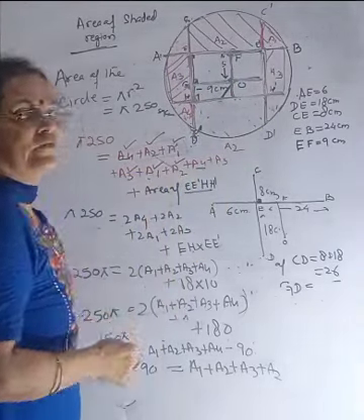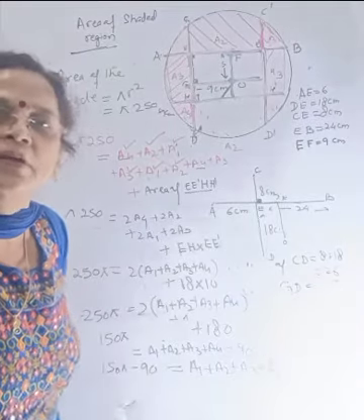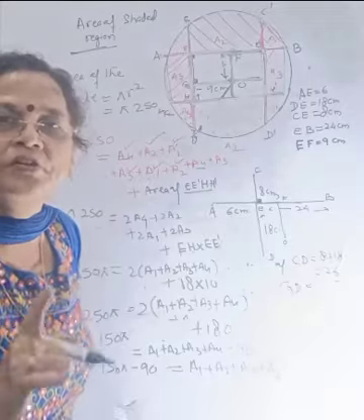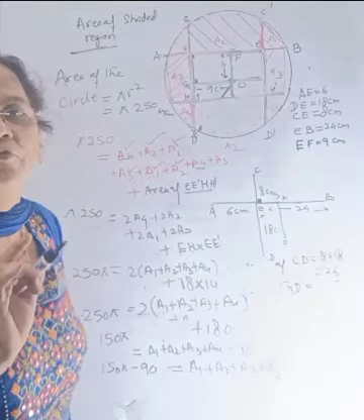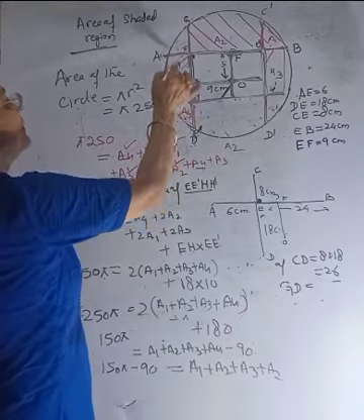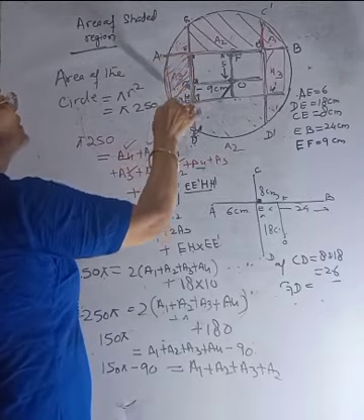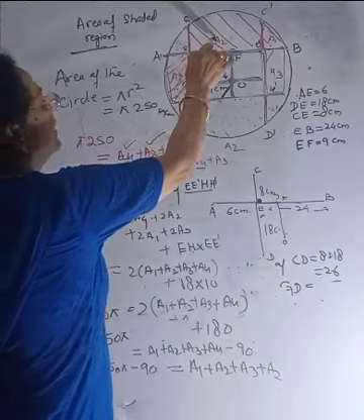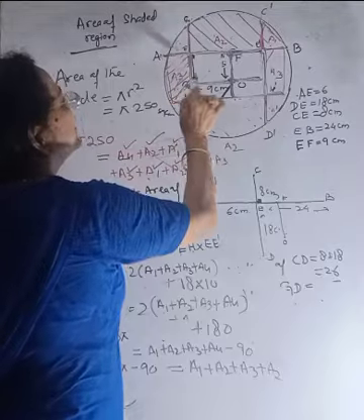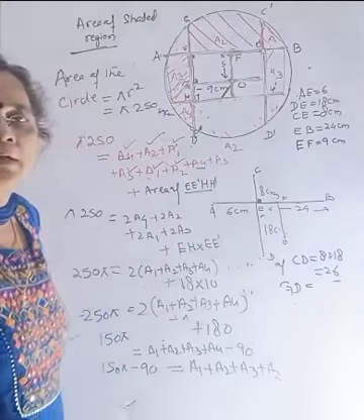All the things are 2 times A1 plus A2 plus A3 plus A4; dividing the whole equation by 2, we get simply the addition of A1, A2, A3, A4, which is our shaded region. How is this equal? This A4 is just symmetric to this one, this area will be equal to A2, this area will be equal to A1, this is A3 so this will be equal to A3.